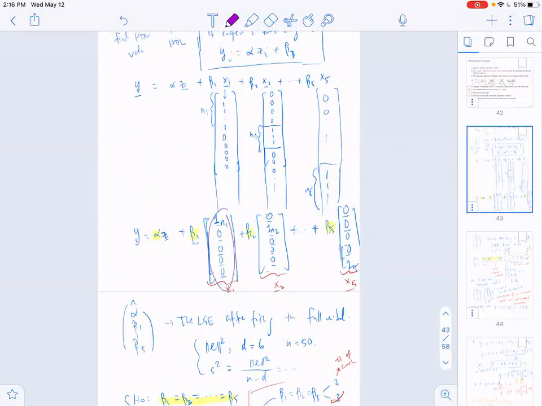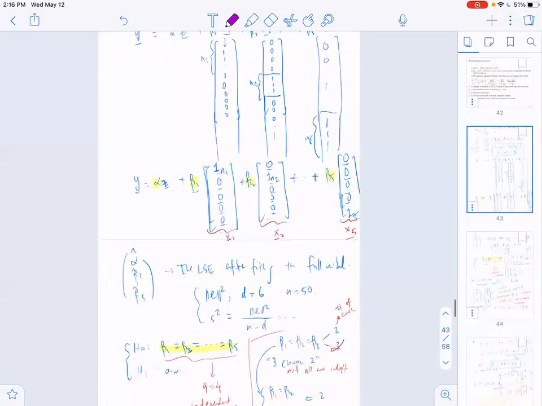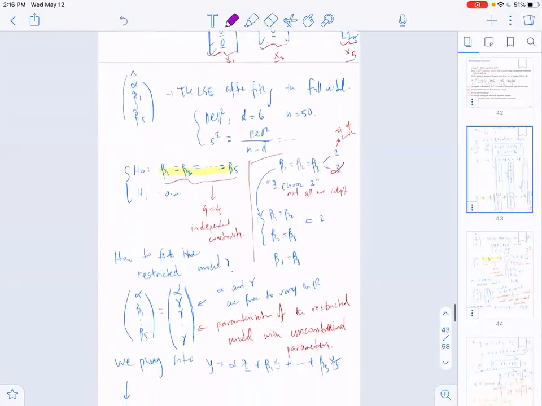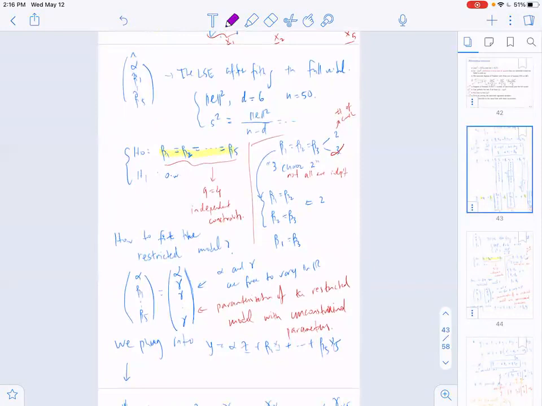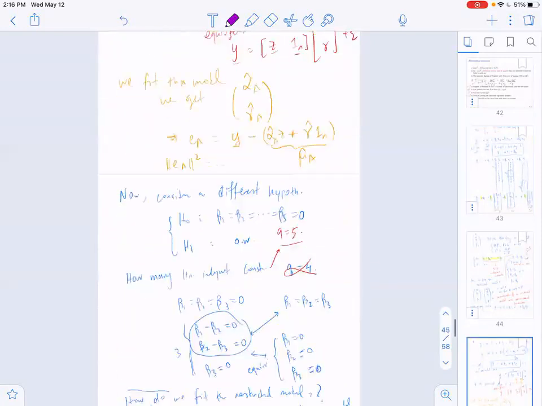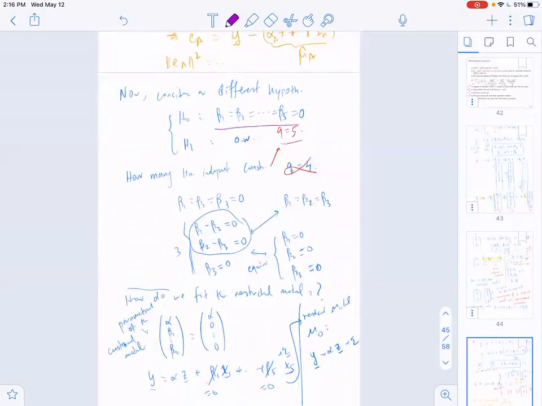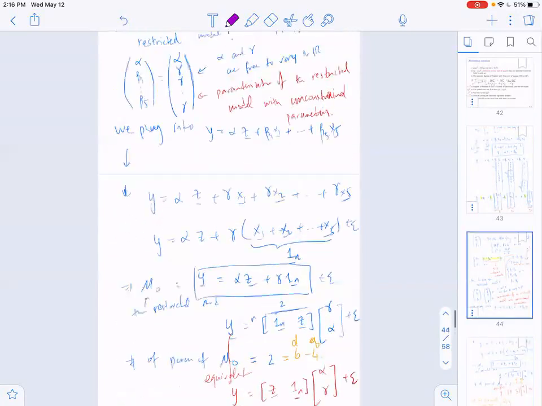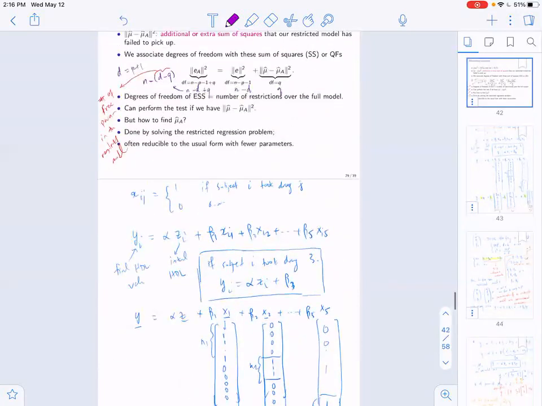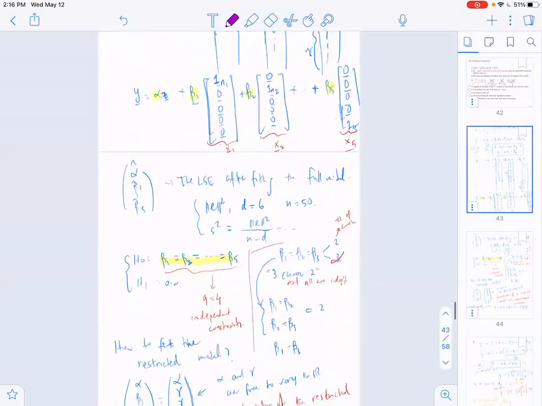These would be indicator vectors. And so the vector would be all ones for group 1 and 0 elsewhere. This one would be all ones for group 2 and 0 elsewhere, and so on. And then you saw that, for example, when you try to do a test of whether all these components are equal, you're trying to do a test that all these betas are the same.